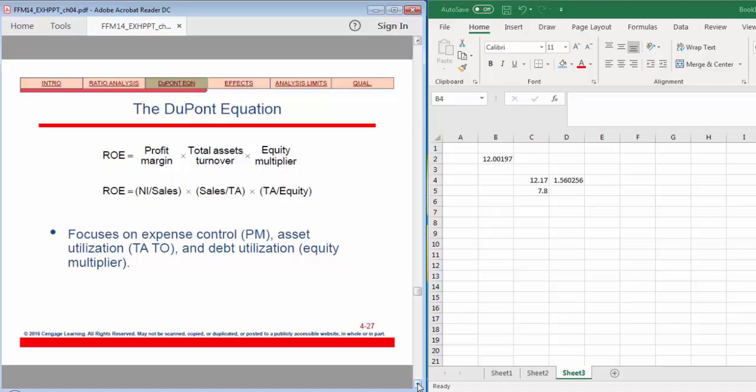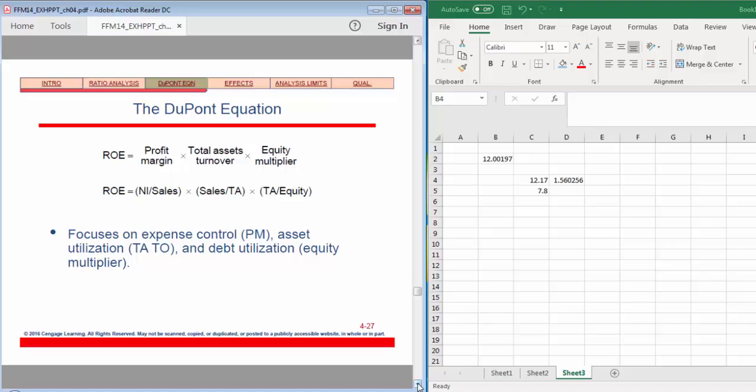Now we can also use the DuPont equation to arrive at return on equity. This was introduced and formulated at the chemical company DuPont, and hence the name DuPont equation, sometimes also called DuPont analysis, to arrive at return on equity.